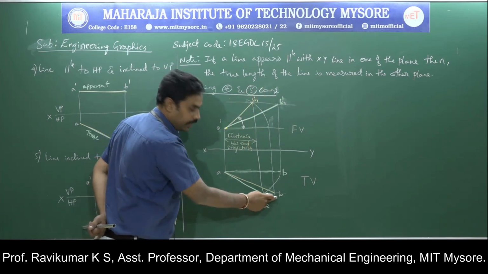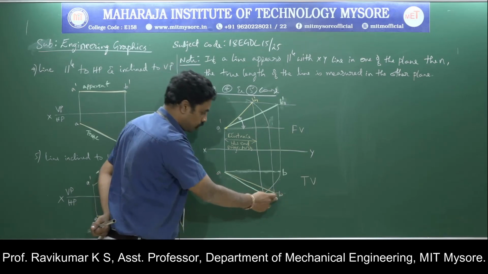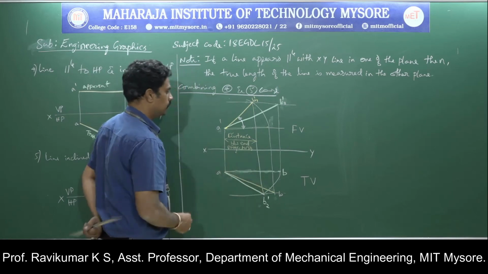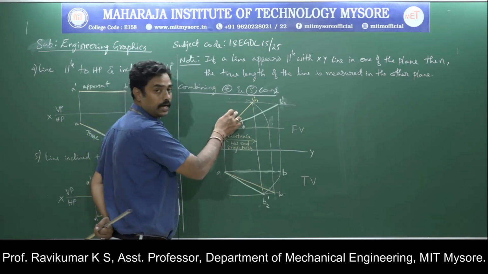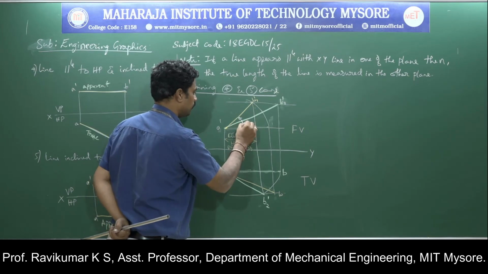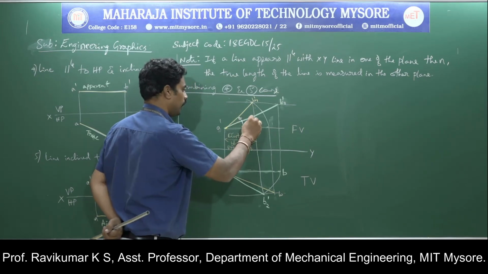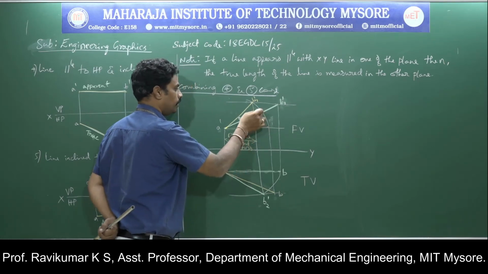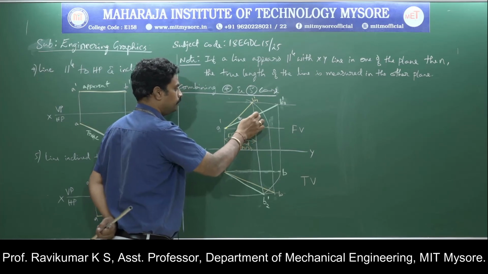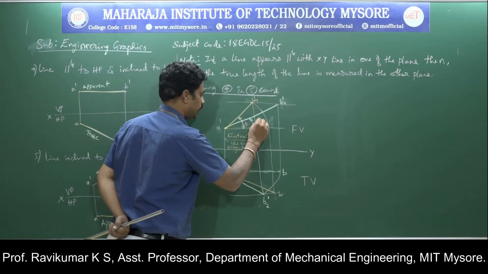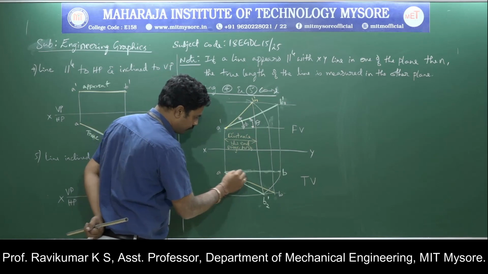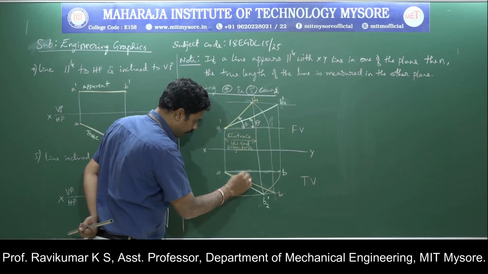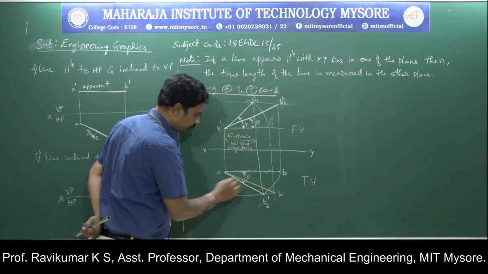Similarly, AB is the true length in the top view, and A B2 dash is the apparent length in the top view. If you measure the angle of the apparent length in the front view, it will be called phi. Then if you measure the inclination with respect to the XY line from the top view, the true length, it will be theta. Then from the horizontal XY line, if you measure the inclination up to the apparent length, it is called beta.